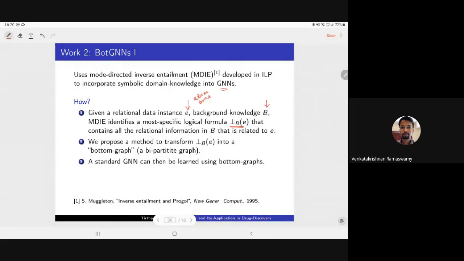Now, if you provide additional domain information such as the existence of functional groups, rings, fused groups, connected structure, and so on, then MDIE identifies all that information related to this particular data instance E. That helps us get a very nicely extended explanation of E. Then we propose a method that transforms that logical formula, bot E, into a bottom graph, a bipartite graph. A GNN can then straight away deal with those bipartite graphs.